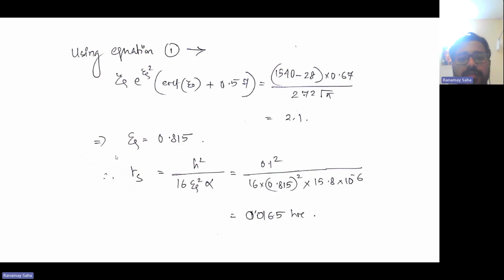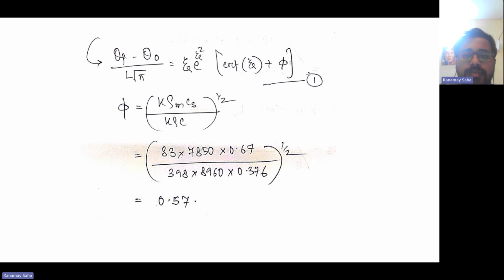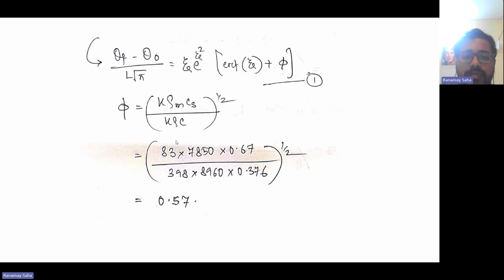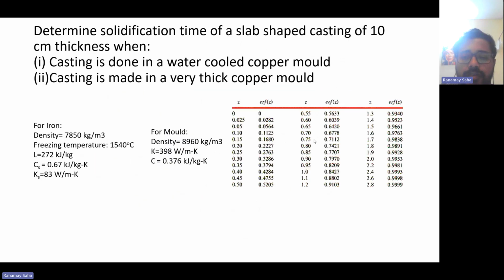Now, the way we found out xi in the earlier problem, we'll find out xi similarly in this case also. So xi square, the one additional term which comes in is phi, which is related to the mold resistance. And then xi here comes out to 0.815 once we go through this error function table.